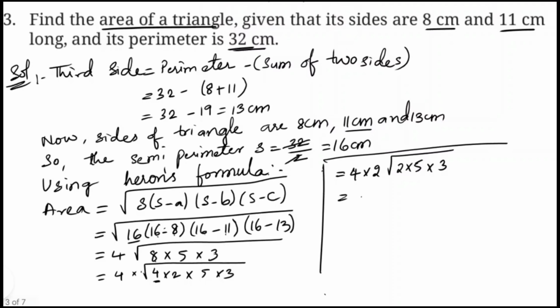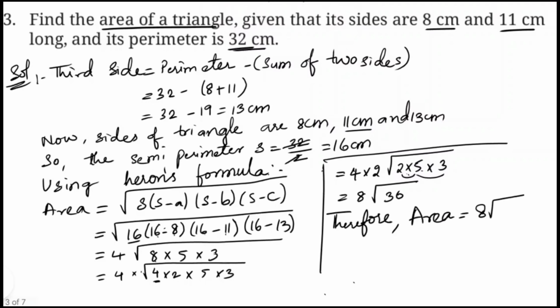Okay, so 4 2s are 8, the root of 2 5s are 10, 10 into 3 is 30. So this is the area. So therefore area is equal to 8 under root of 30 centimeter square.